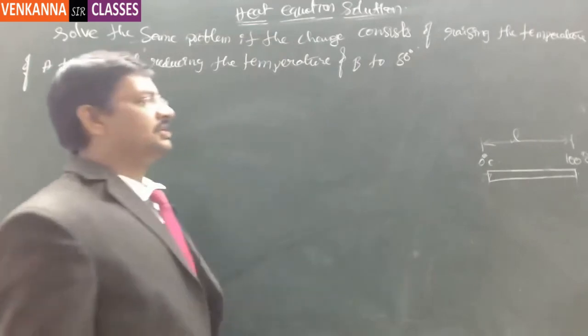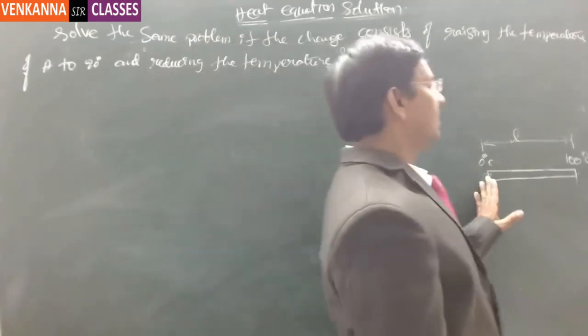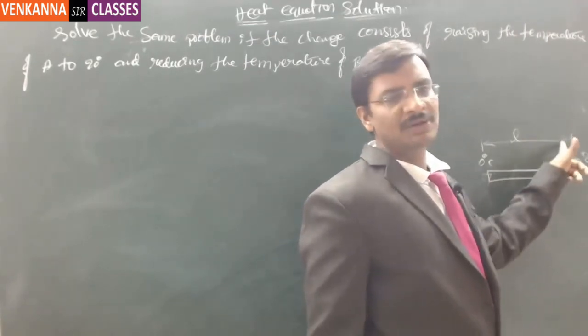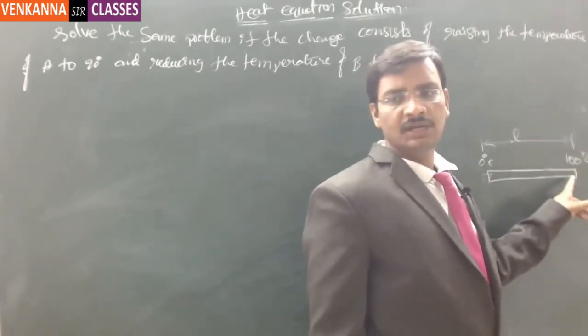If this is the change, earlier this was already at 0 degrees centigrade, and this is suddenly immersed into the water from 100 degrees centigrade to 0 degrees centigrade, and it came out.